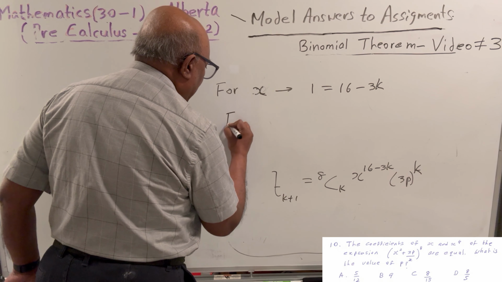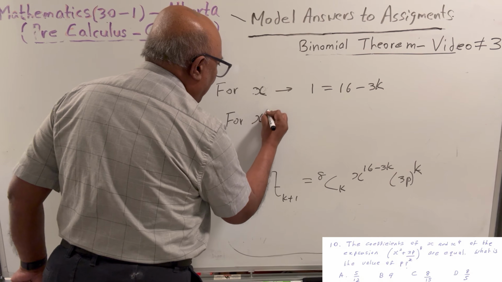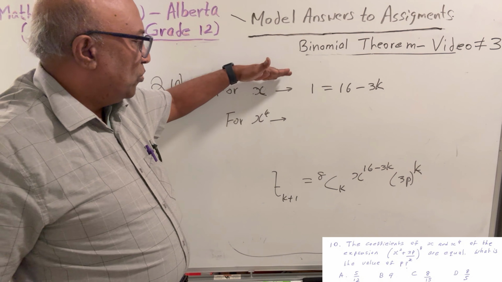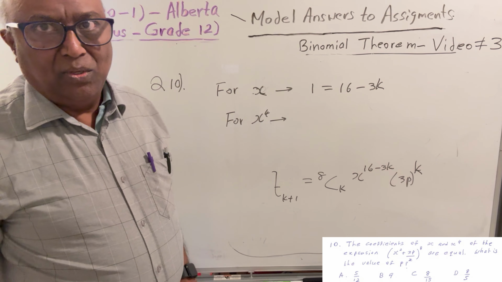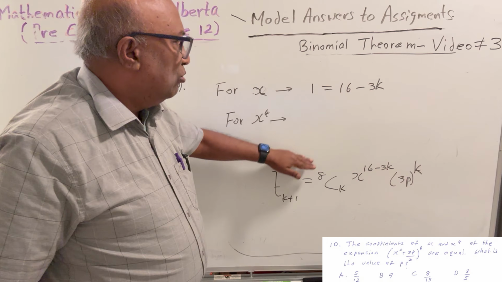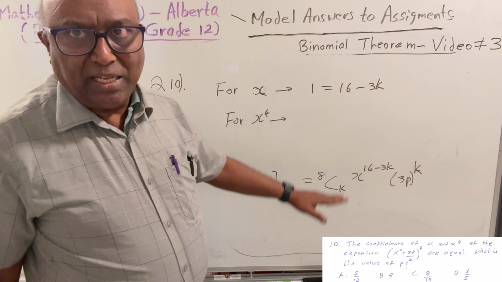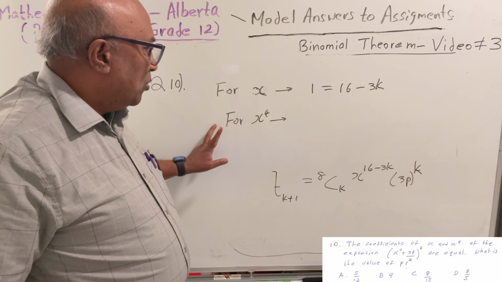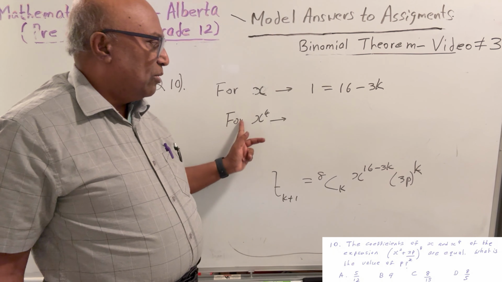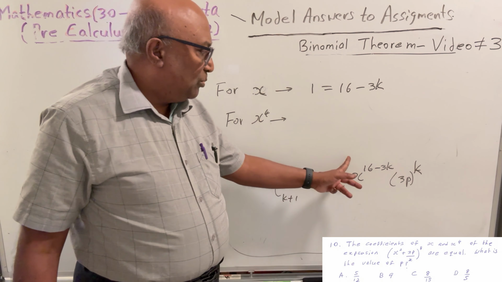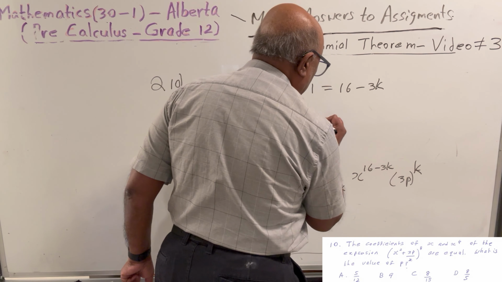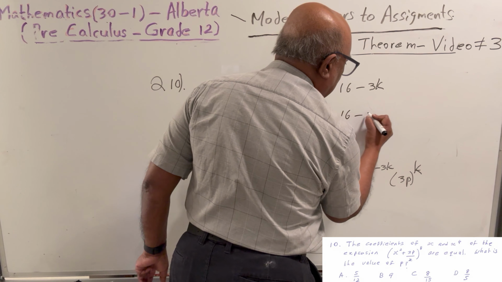Let's develop the other equation for x to the power 4, because the question is talking about the coefficient of x and the coefficient of x^4. When this term represents x to the power 4, the exponent should be equal to 4. That means 4 equals 16 minus 3k.